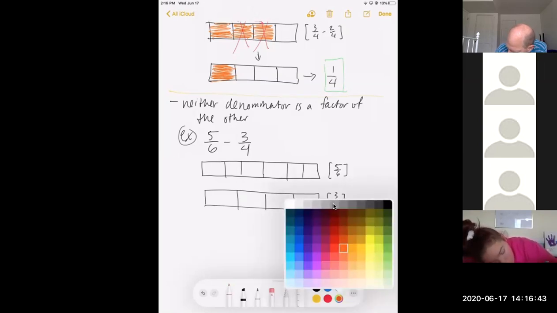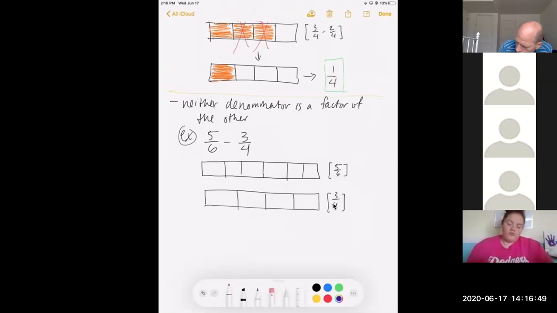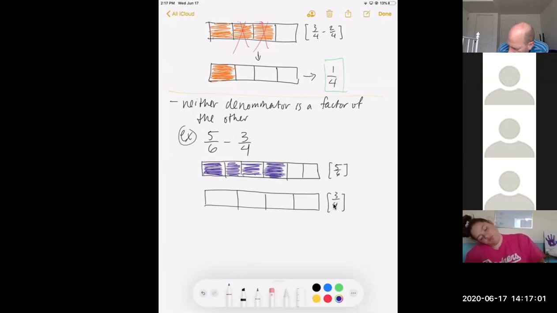Let's use this one. Okay, so here's my 5/6. Any recommendations about how to subtract 3/4 from there?